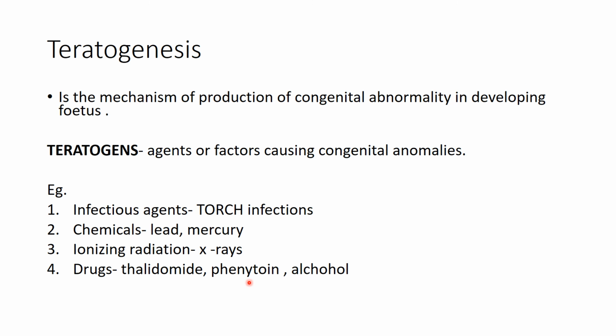Phenytoin, which was earlier taken as an anti-epileptic drug, has a tendency to cause congenital anomalies. And alcohol, the never-ending one. Irrespective of whether the female is pregnant or not, she consumes alcohol in affluent society. So there is a high tendency of congenital anomalies for kids born to such females.